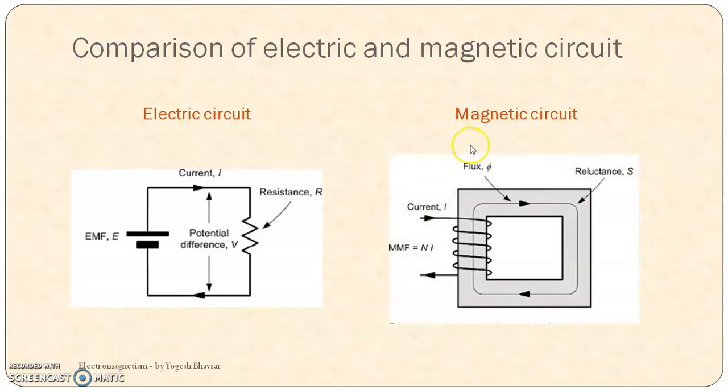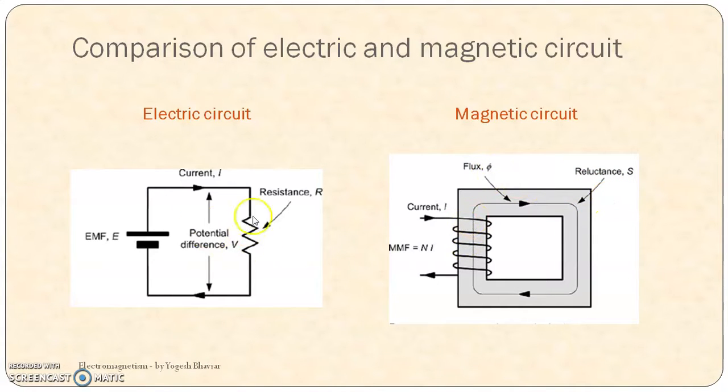And here in magnetic circuit, we can consider a core. Over this core, a winding is wound. Now this winding is supplied with the current I, so that it will produce the MMF, magnetomotive force. It will circulate the magnetic flux inside the core, which is denoted by phi, and the reluctance, which is the opposition to this flux.